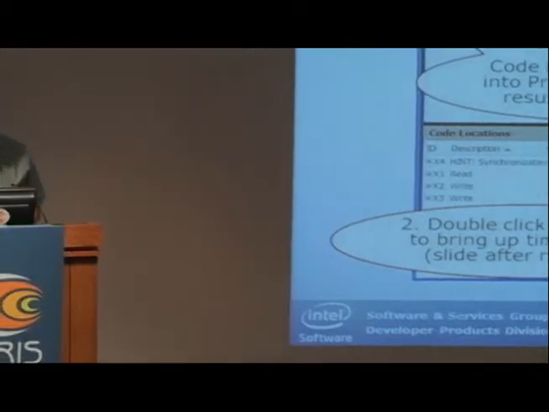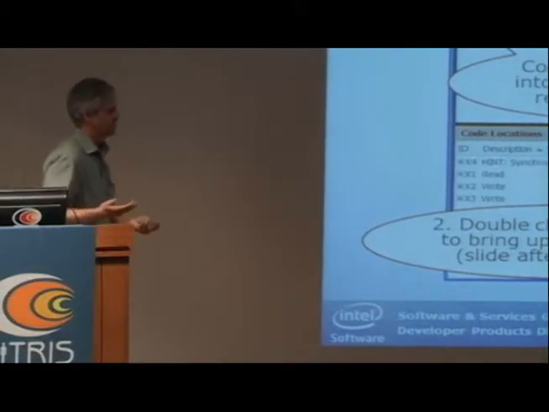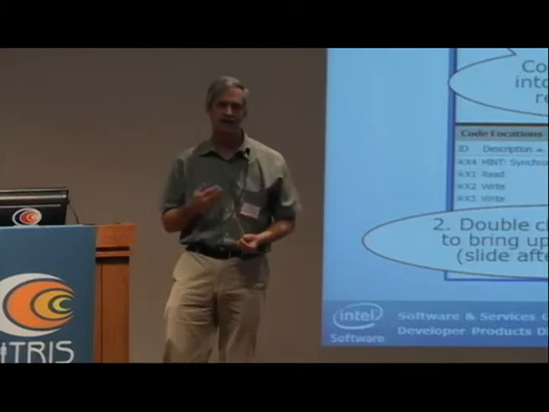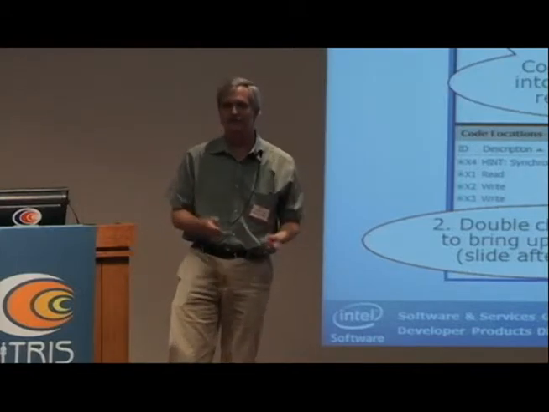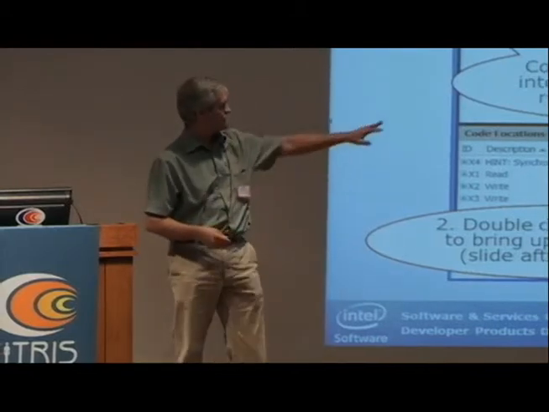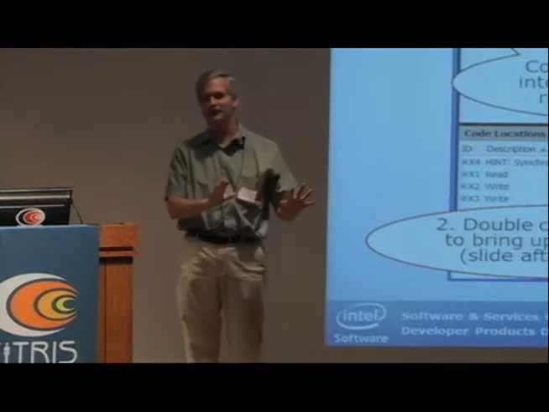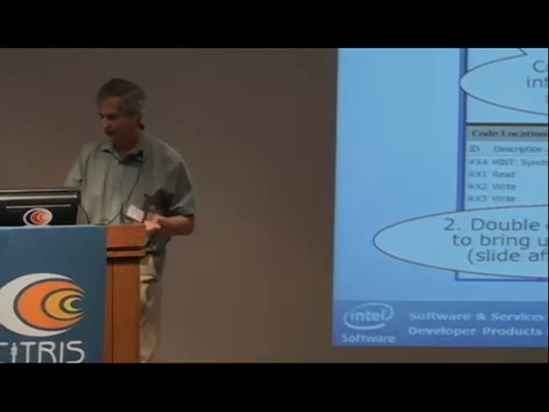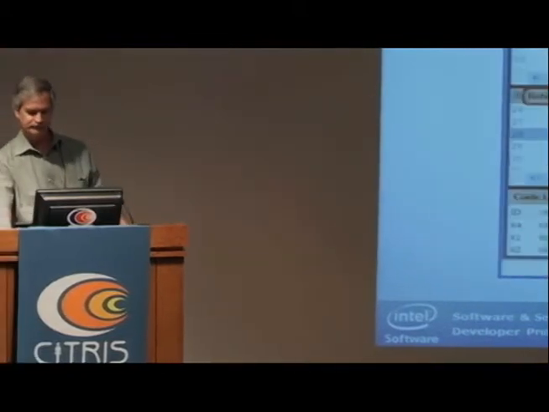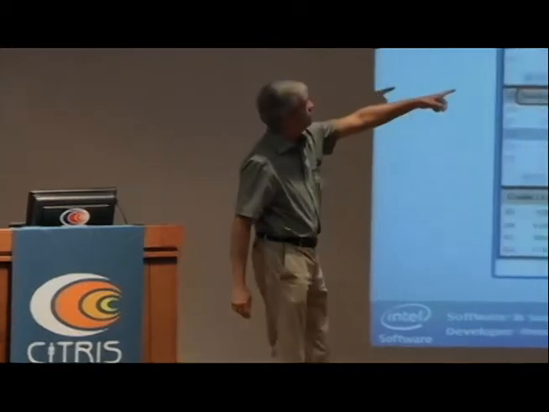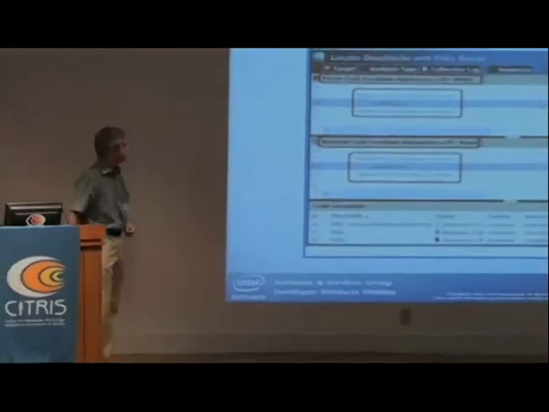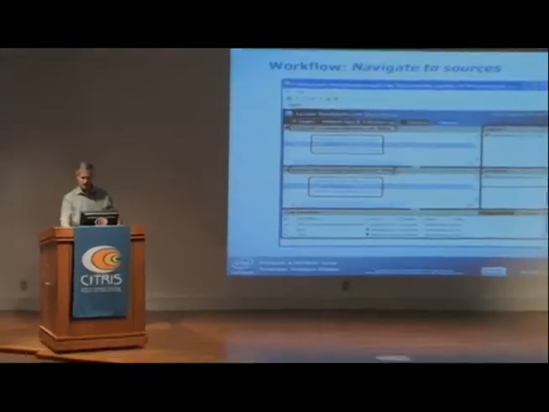What I'm trying to say is we're trying to reduce false positives as much as is reasonable. We detect all the conditions. We allow the user to go in and say, that's not really a problem. Let's just keep going. So navigate to the sources. That call stack appears off to the right for each of those two sources in this case.